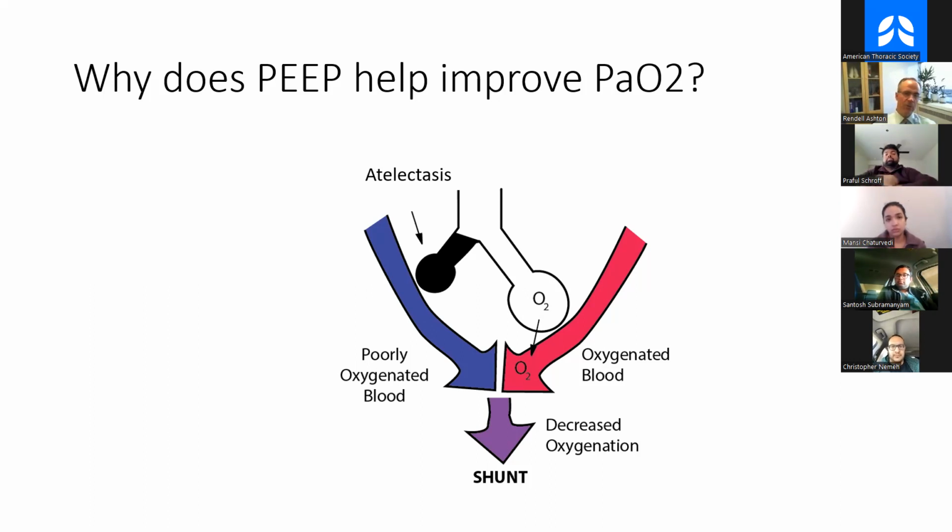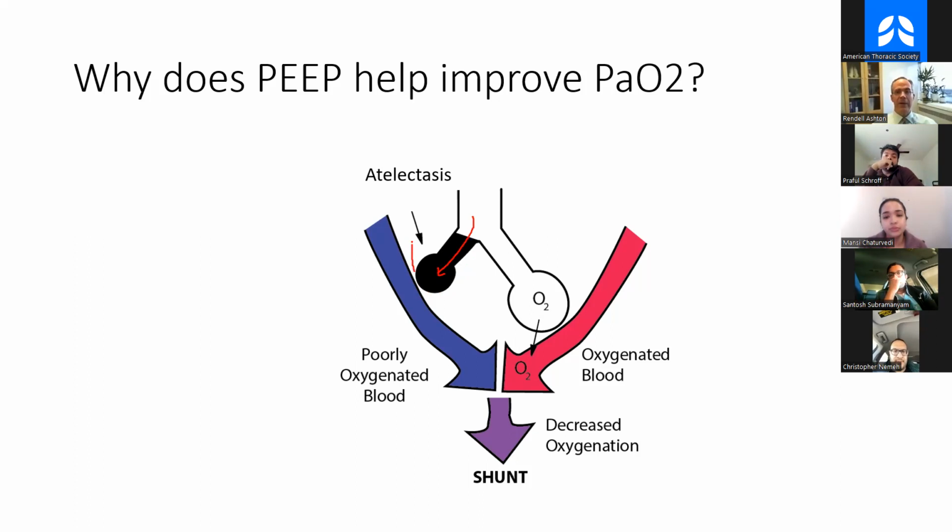So what's PEEP going to do for us here? It's going to open up the ventilated alveoli. Okay, good. So that pressure is going to come down here like this, and hopefully pop that thing open, so that there's air in there. Anything else it does? Prevent collapse at the end of expiration. Good.